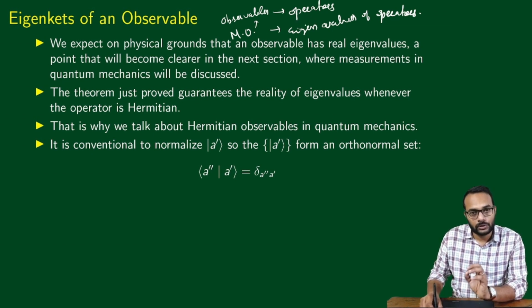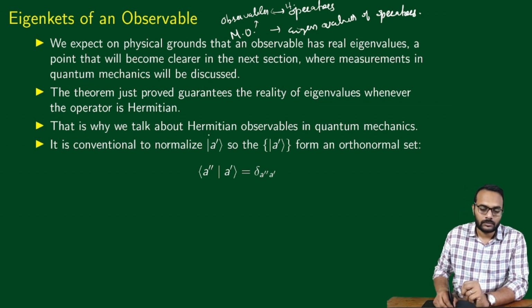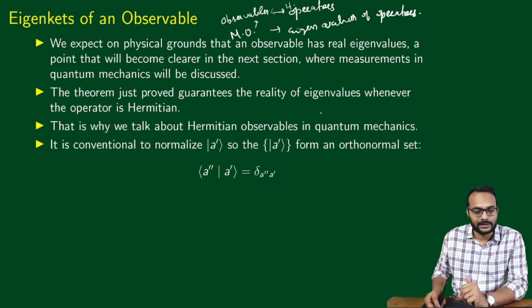We can only choose those operators whose eigenvalues are real, and such operators are actually Hermitian operators. This means that observables are represented by Hermitian operators, not any operator. That's why we talk about Hermitian operators in quantum mechanics.